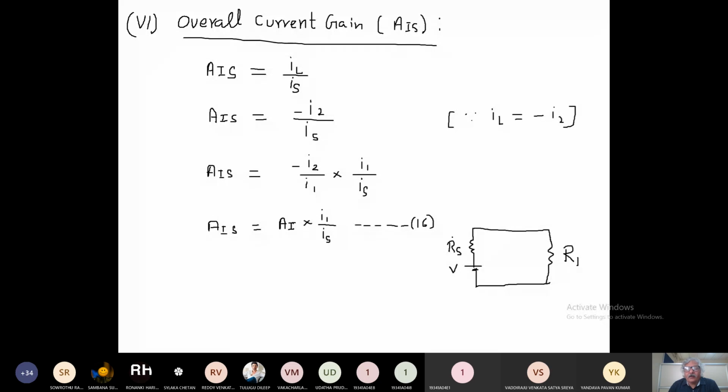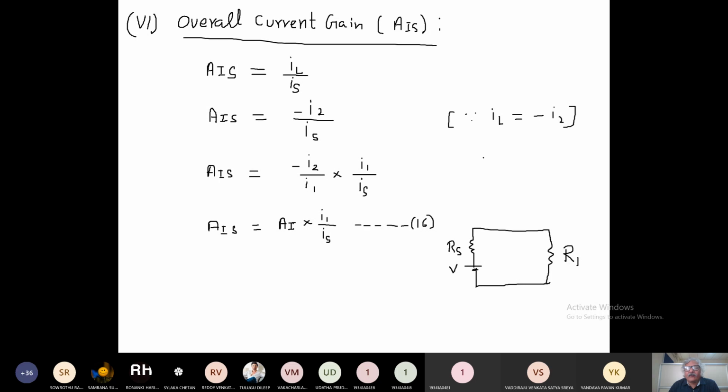Now here we have a voltage source with an internal resistance of Rs. Can we convert this voltage source in terms of a current source? Can we draw another equivalent diagram where in place of the voltage source we connect a current source? Yes, we can do that.